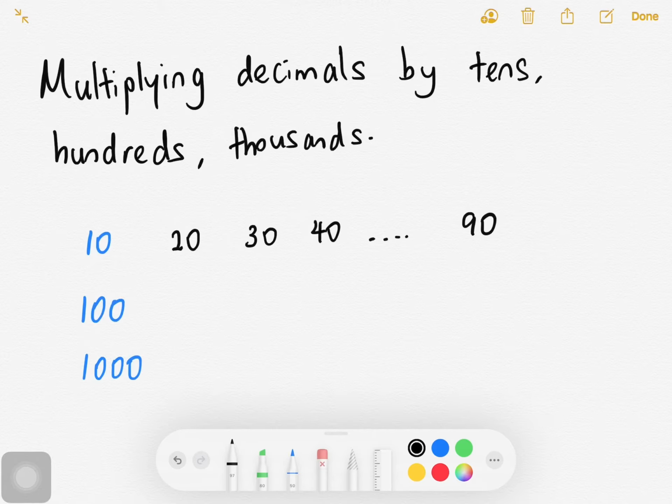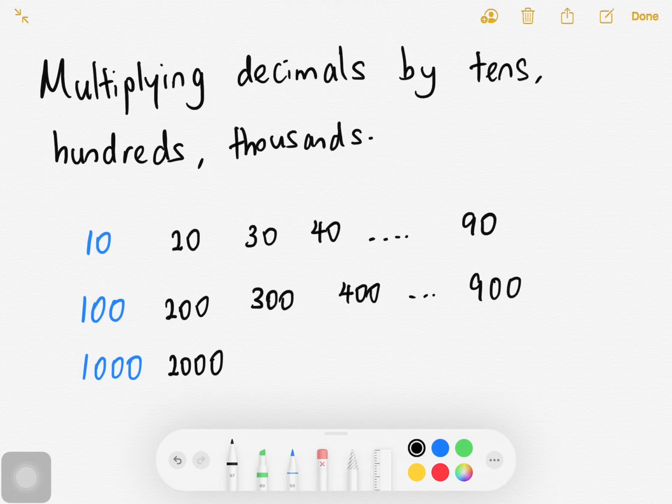The same for 100, I'm going to multiply by 200, 300, 400, all the way to 900. And for 1,000, I'm going to learn how to multiply by 2,000, 3,000, 4,000, all the way to 9,000.